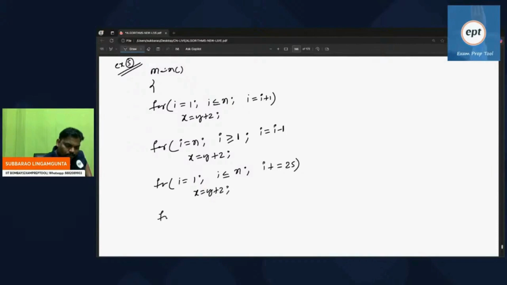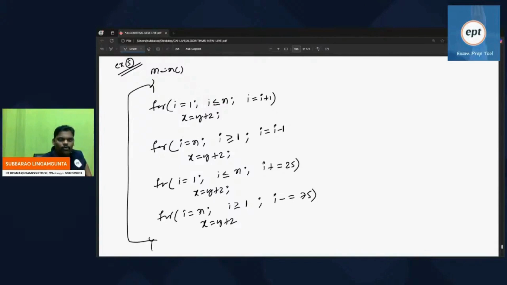Next one, for i equal to n, i greater than or equal to 1, i minus equal to 75: x equal to y plus z. Find out the time complexity of this program.